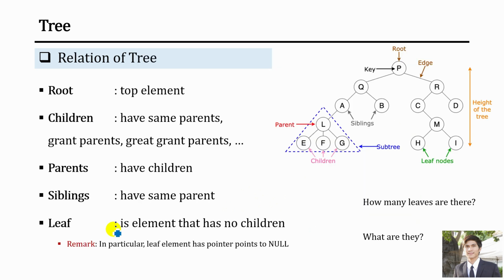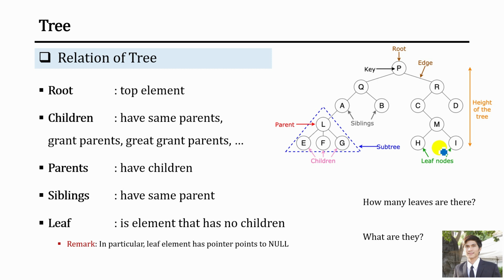So root is considered the top element. Children are those nodes that have the same parent, or grandparent or great-grandparent, because we have many sub-levels. A parent normally has children. Siblings have the same parent. And a leaf is an element that has no children, normally at the bottom.